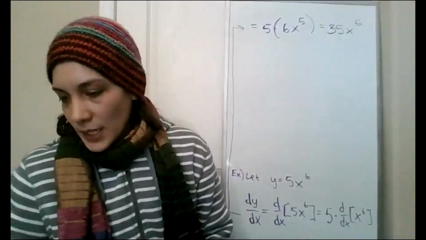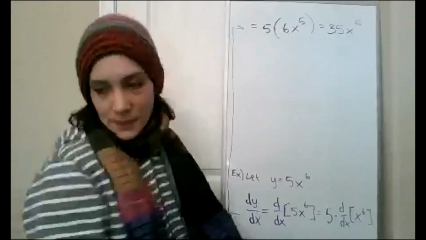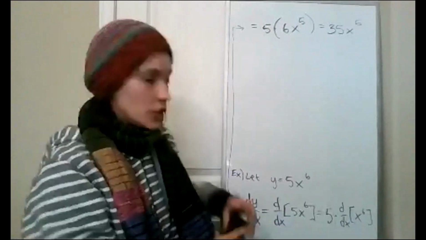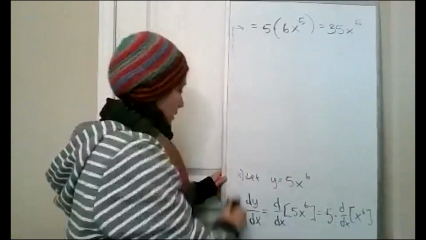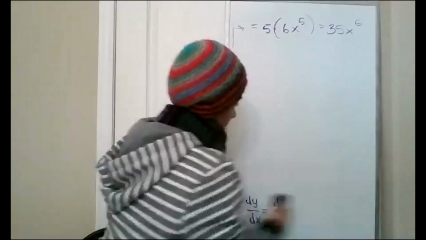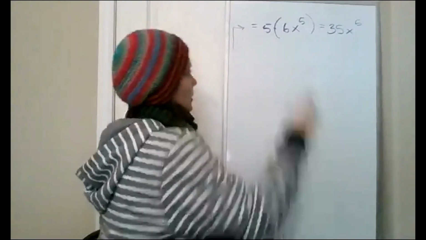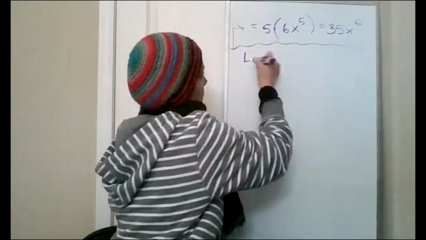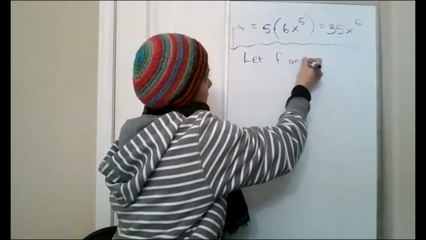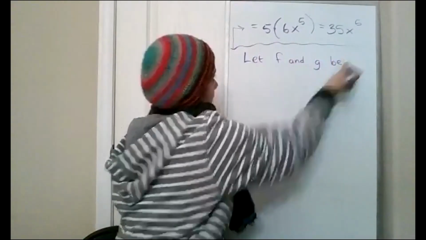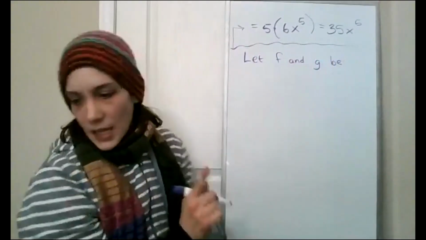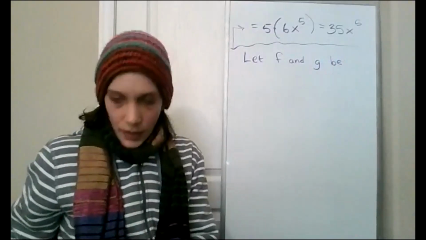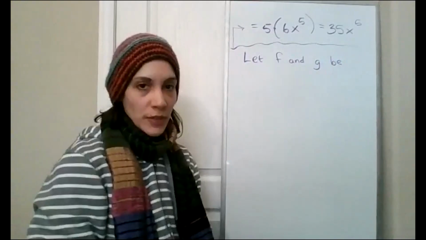We're going to the sum and difference rules. So we've got two functions, f and g. We'll say let f and g be differentiable functions of x.